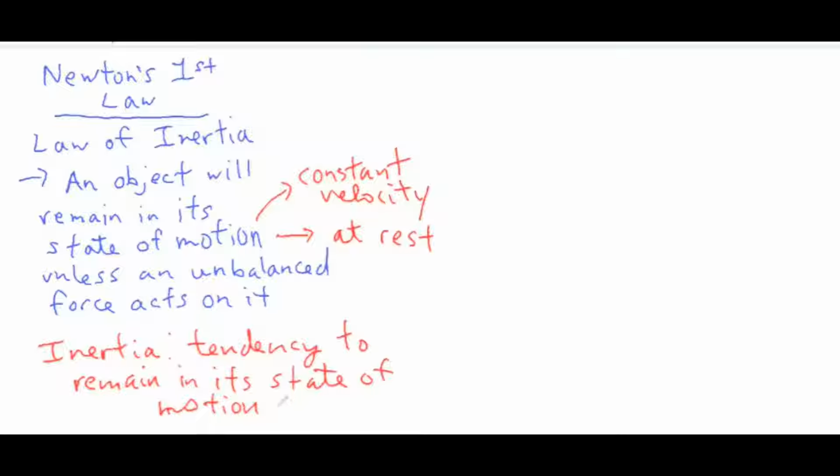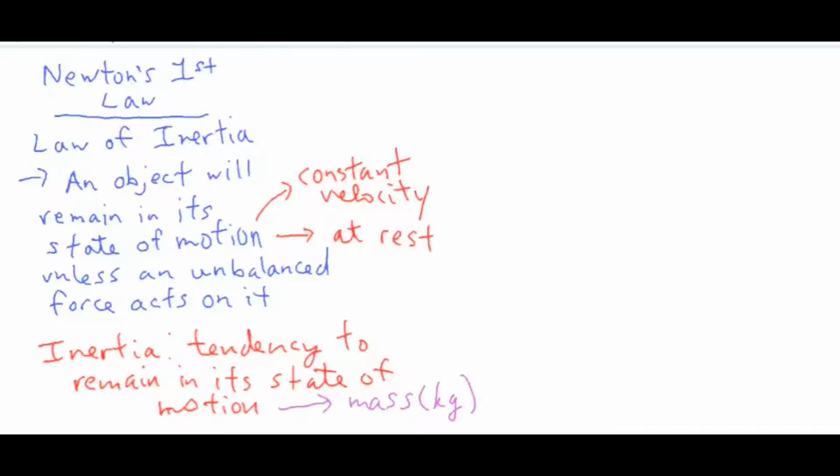And the indicator for if something has more or less inertia is its mass in kilograms. So it's safe to say if something has 2 kilograms as opposed to 1, it definitely has more inertia, it has more tendency to remain in motion or remain motionless.